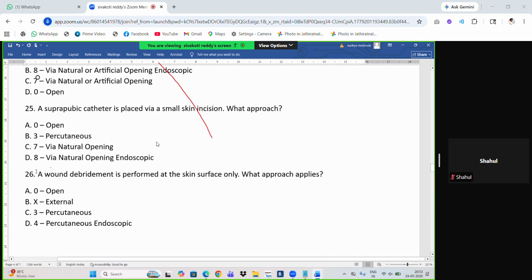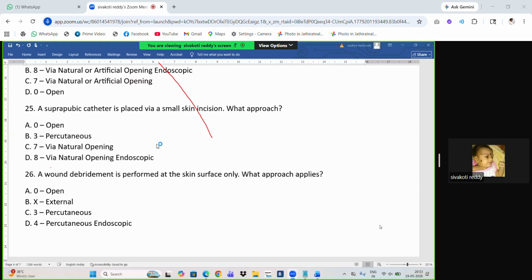25. Zero. A. Percutaneous. B, sir. Percutaneous. Incision percutaneous B. 26. B, sir. External.